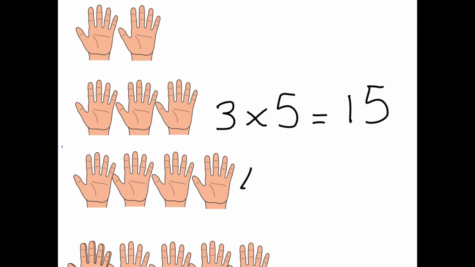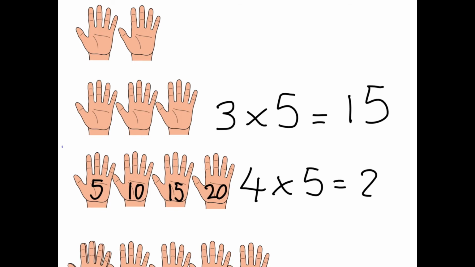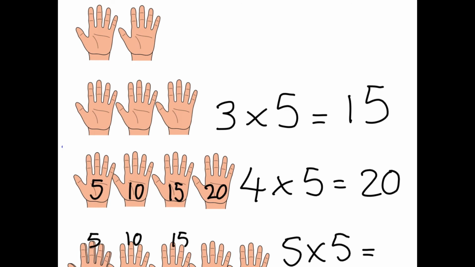Now we've got 4 hands with 5 fingers. 5, 10, 15, 20. That will equal 20. And then 5 hands with 5 fingers. Remember to do the times sign. Don't make that an add. All these hands have almost disappeared down here. So we've got 5, 10, 15, 20, 25.